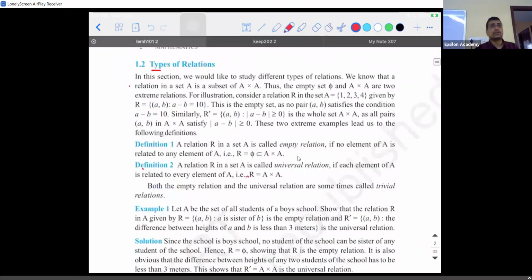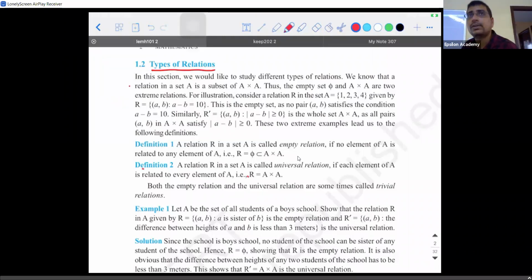Again, I told you one more difference. For you to define a relation, the minimum number of sets that you need is 2. When you learned in your 11th standard, since you learned the basics, they would have told you about 2 non-empty sets A and B. But they never discussed the types of relations in your 11th standard. Here we'll discuss the types of relations.